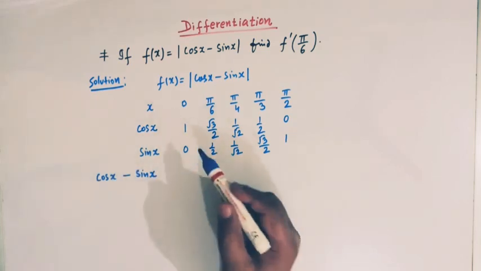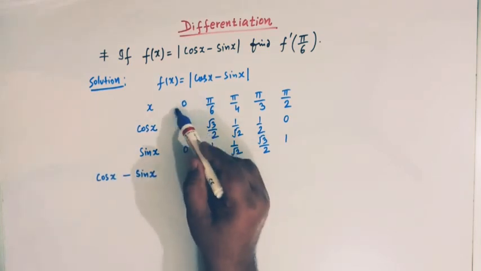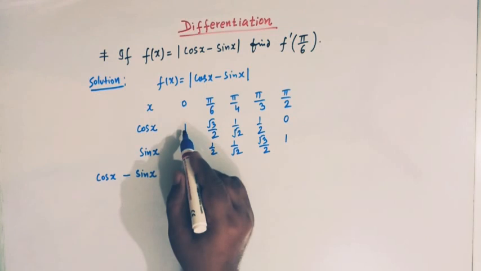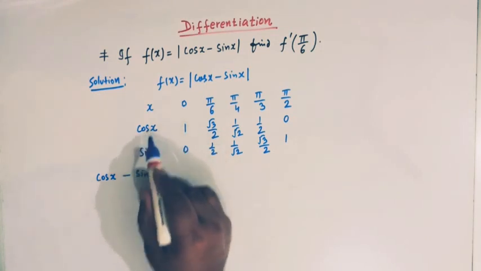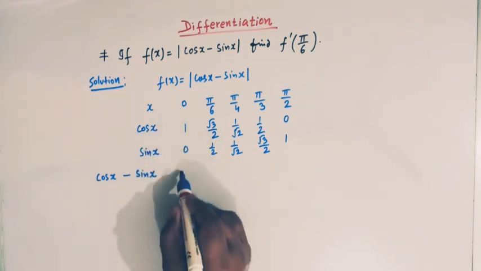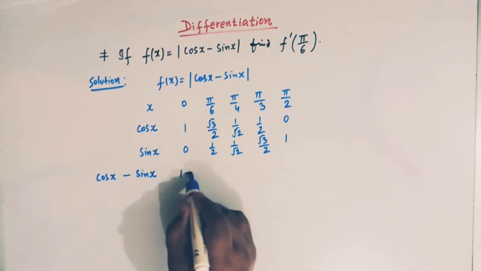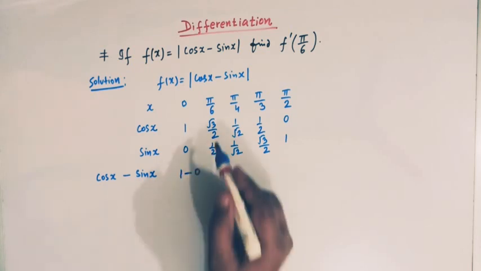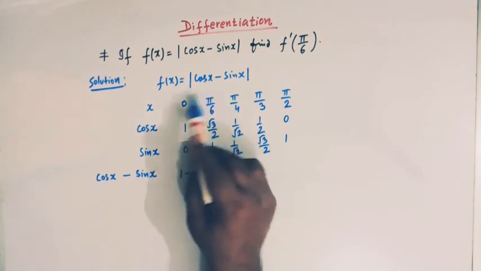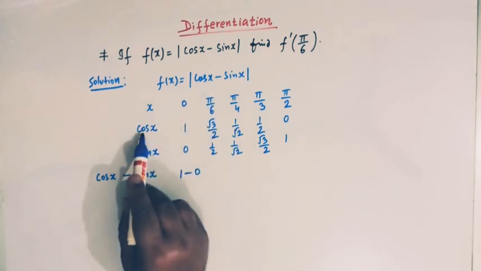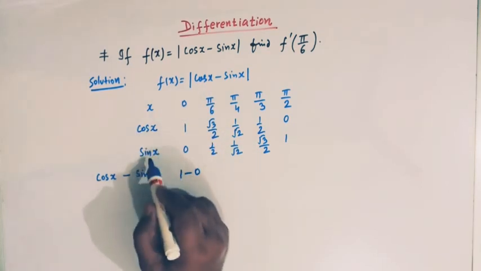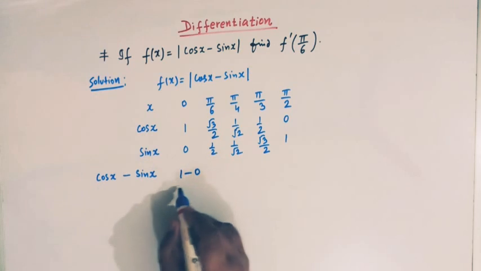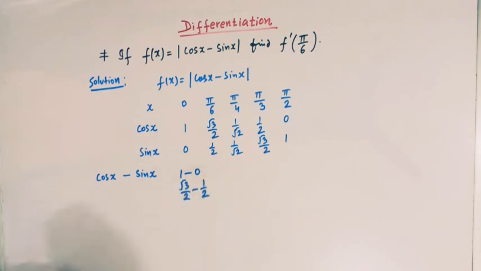For 0 degrees, the difference is cos 0 − sin 0, that is 1 − 0. For angle π/6, the difference is cos π/6 − sin π/6, that is √3/2 − 1/2.